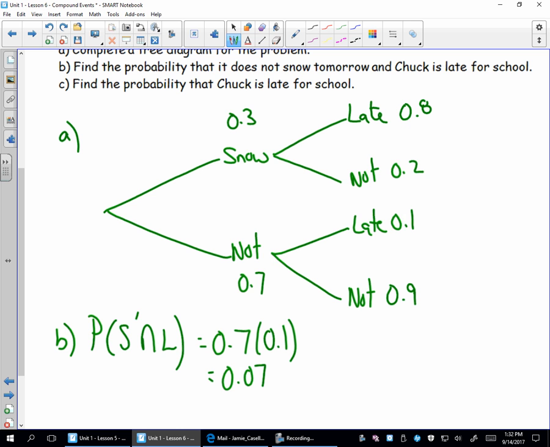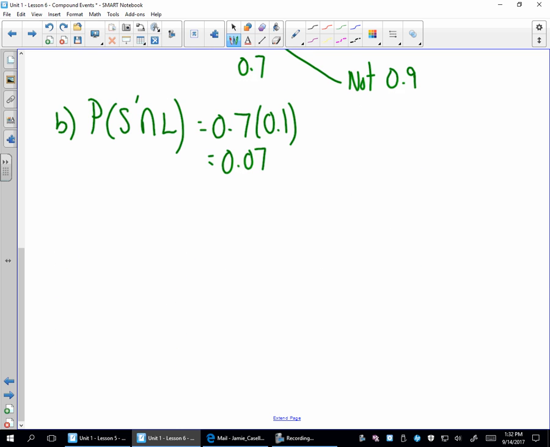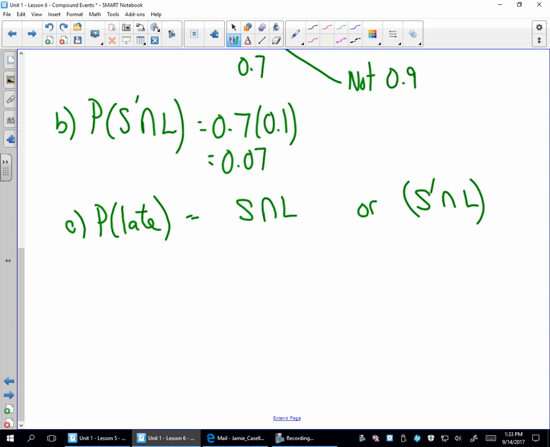And if we try part C, find the probability that Chuck is late. Well, by just saying the word late and not telling us about snow, we don't know what the situation is. Is it snow and late, or is it not snow and late? Well, I can figure out those 2 cases separately and add them together.